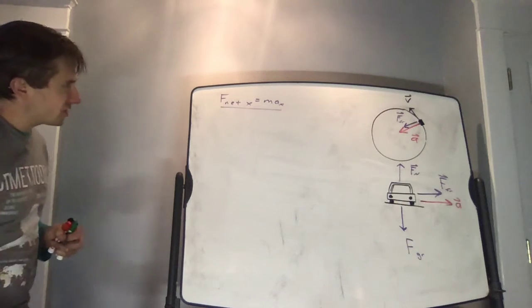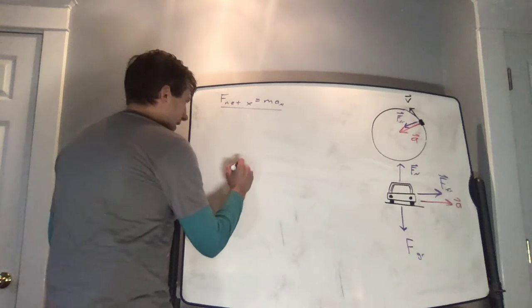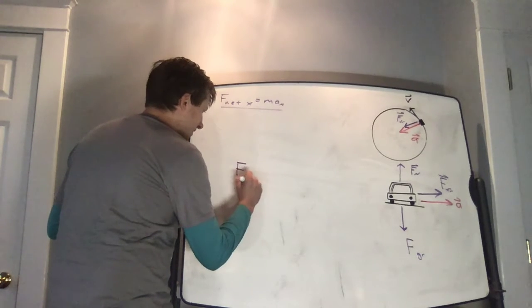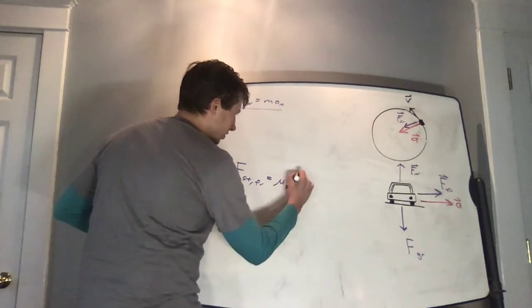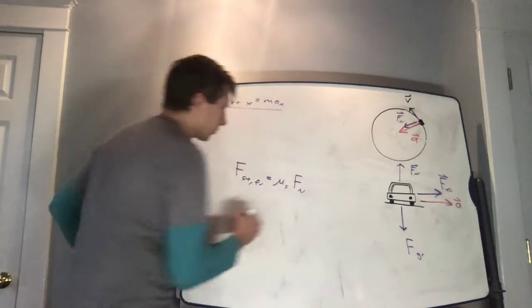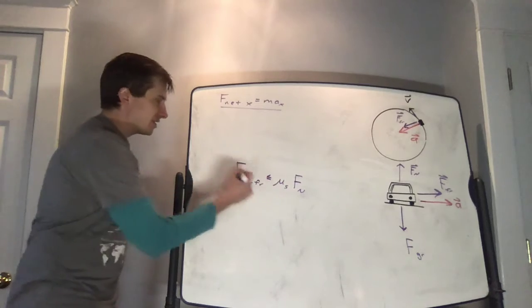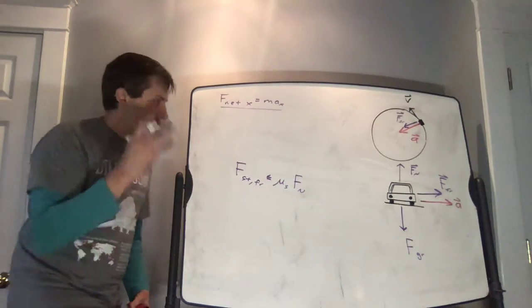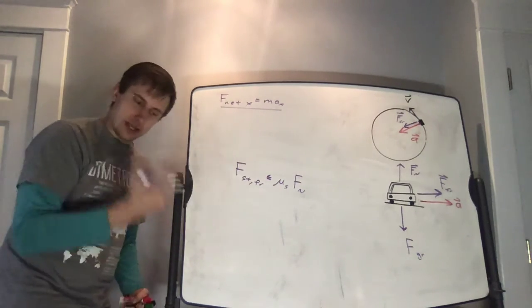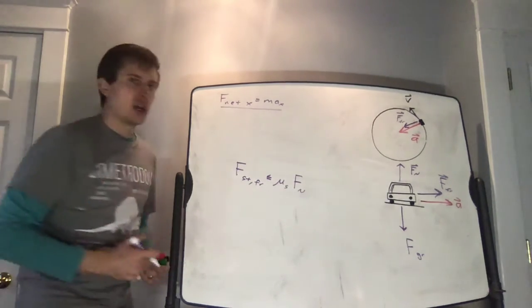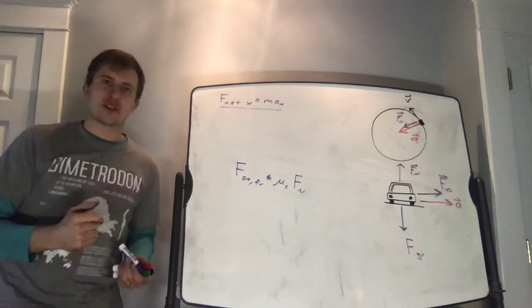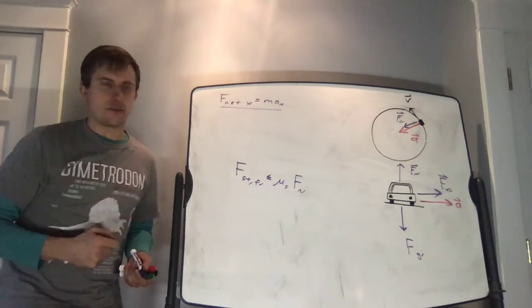Now, the force of static friction is equal to the coefficient of static friction times the magnitude of the normal force. Normally we would say static friction is less than or equal to this much, but we want to consider the case where the car is barely not sliding off the road.